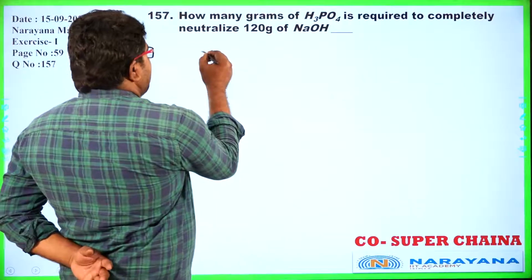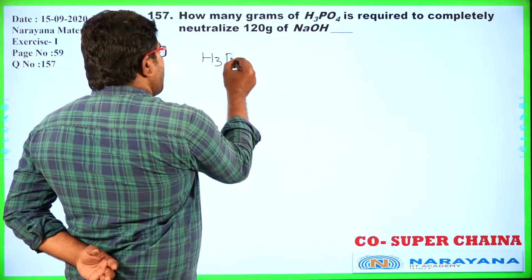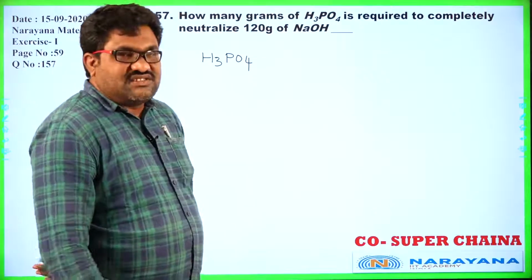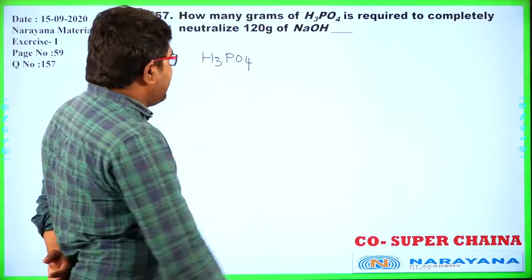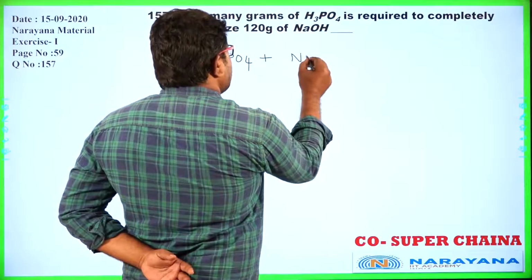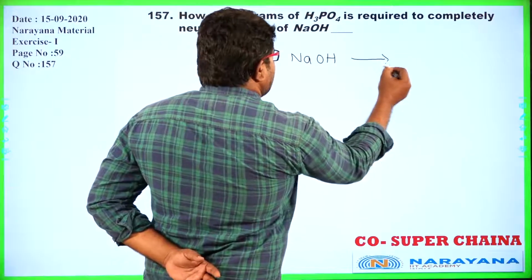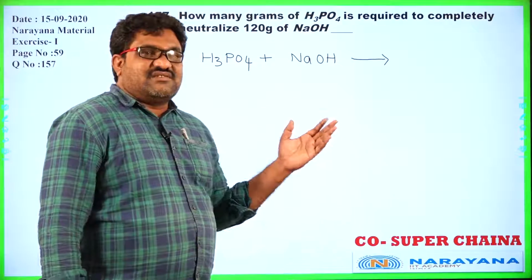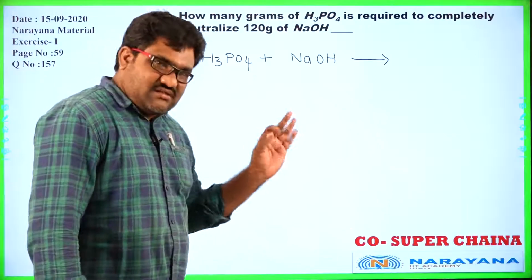See here, H3PO4 is an acid which has a basicity of 3, orthophosphoric acid, and when it is treated with a base, a neutralization reaction takes place, and in that reaction the products are salt and water, formed in any neutralization reaction.